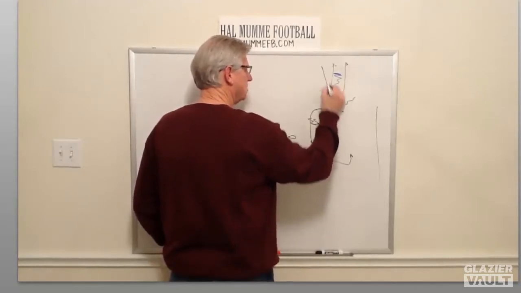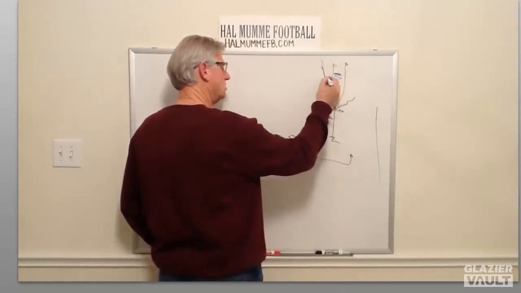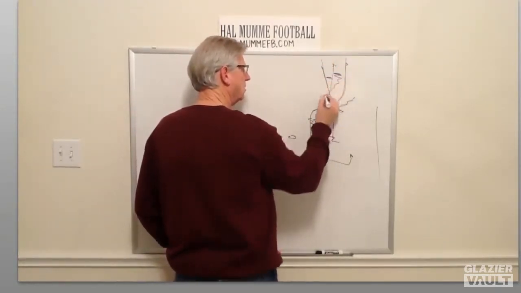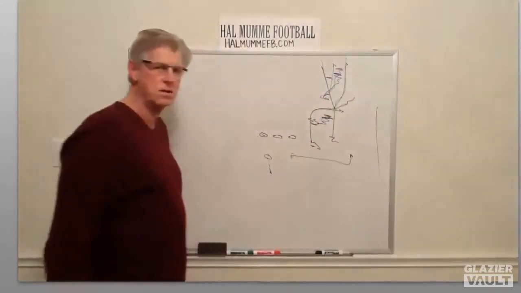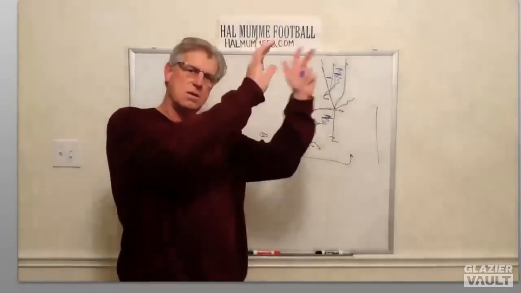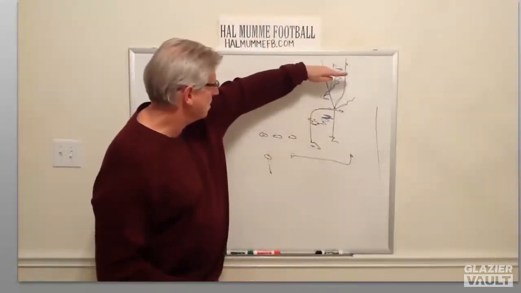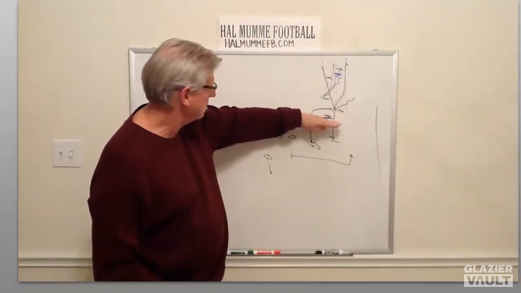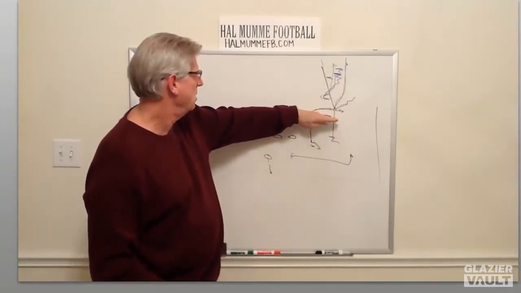If the corner plays outside, then he's going to take this cut right here. If the corner stays inside, then he's going to take that cut right there, but he's going to try and force that corner deep and take him deep. And so now you've created this space in here, again, the same space we were talking about in the air raid.